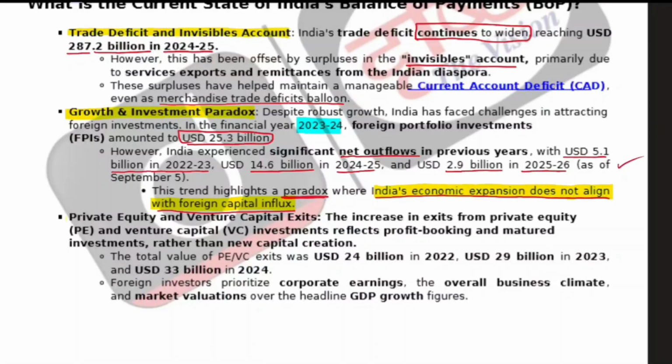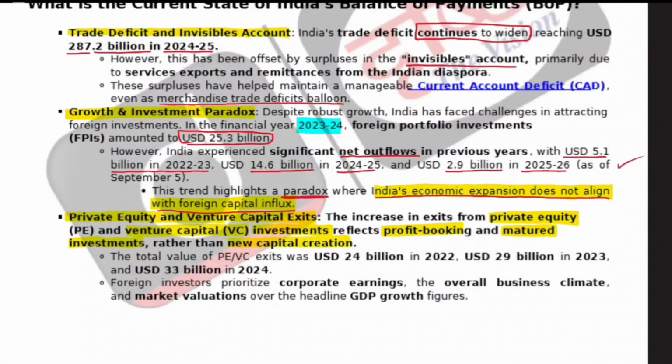The next point is private equity and venture capital exits. The increase in exits from private equity and venture capital investments reflects profit booking and matured investments rather than new capital creation.